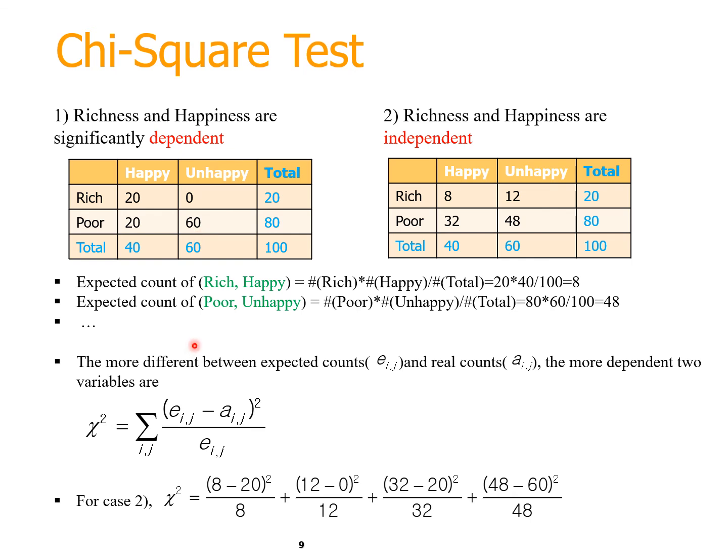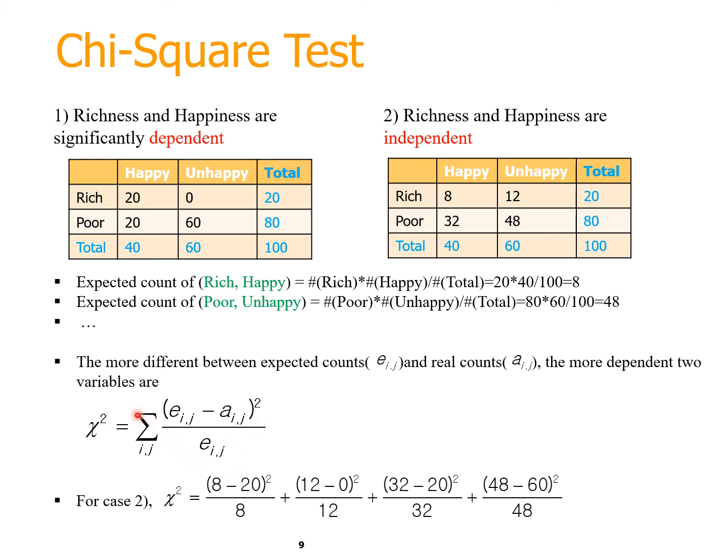Now, in chi-square test, this is the formula of the chi-square value. The chi-square value is the expected count minus the actual count, squared, and divided by the expected count.